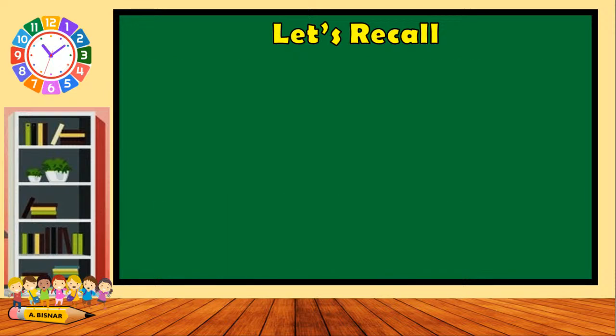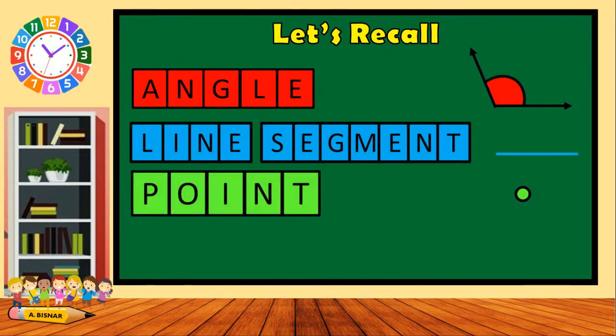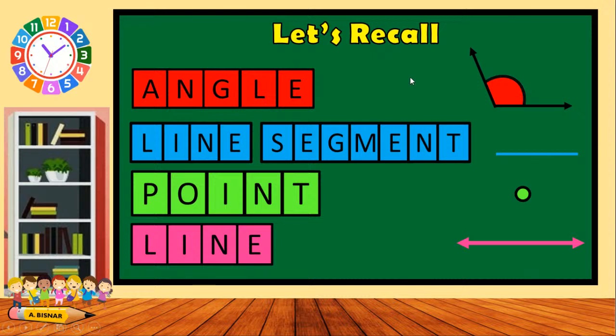Okay, so again, the words that we've arranged a while ago are angle, line segment, point, and the line. So when we say angle, it is formed by two rays. Line segment, it has endpoint. Ibig sabihin, hindi mo na siya pwedeng ma-extend. Hanggang dun na lang. And then we have a point.